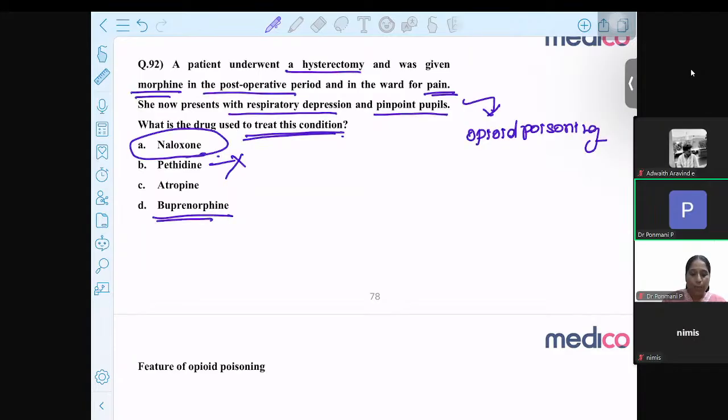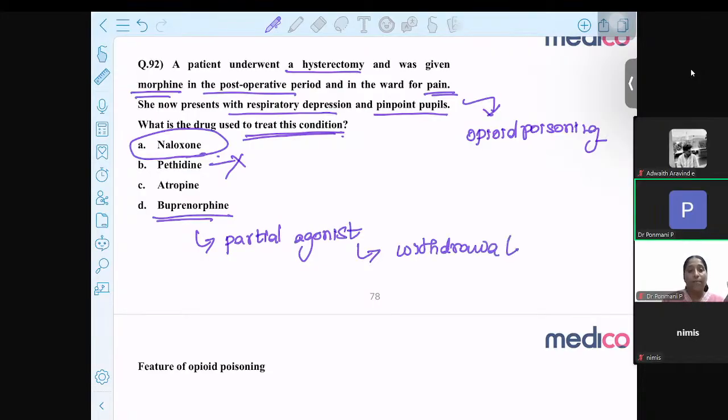And what is buprenorphine? Buprenorphine is a partial agonist. Where should it be given? It should be given in case of withdrawal. When withdrawal symptoms are there in addiction, that is why buprenorphine is used. And even if you get the option naltrexone, please don't select it, because it is given by the oral route, and it is used to prevent relapse.